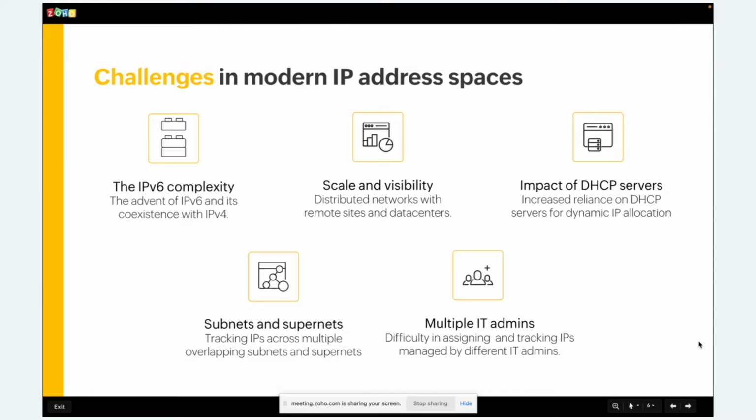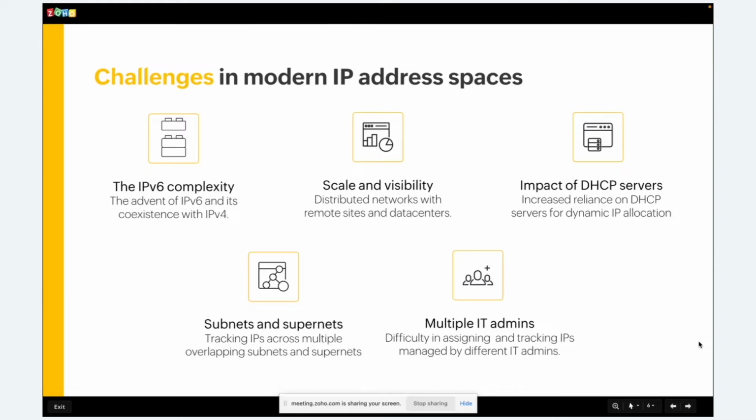You just needed a spreadsheet and a couple of ping tools or CLI tools to keep your network up to date with the current IP address space. But that's not the same scenario today. Today, the IP address space is getting much more complex, especially with the advent of IPv6. So you need to have an effective strategy in place that helps you monitor IPv6 in tandem with IPv4 without adding much complexity to your IT admin's day-to-day tasks.